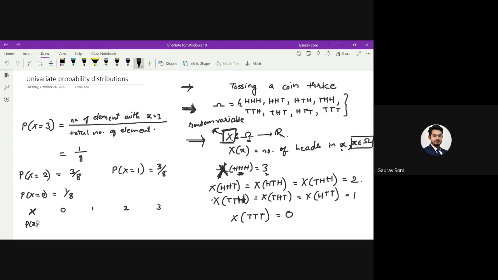At 0, the probability is 1 by 8. At 1, probability is 3 by 8. At 2, the probability is 3 by 8. And at 3, the probability is 1 by 8.